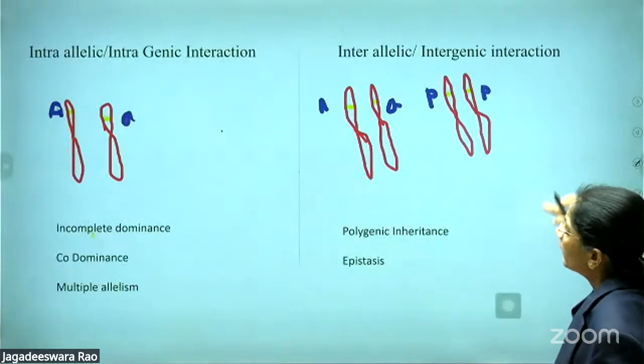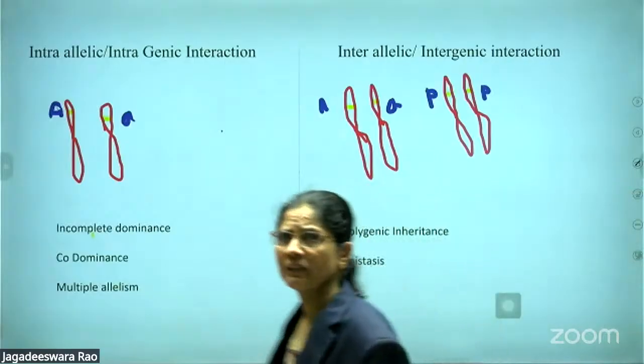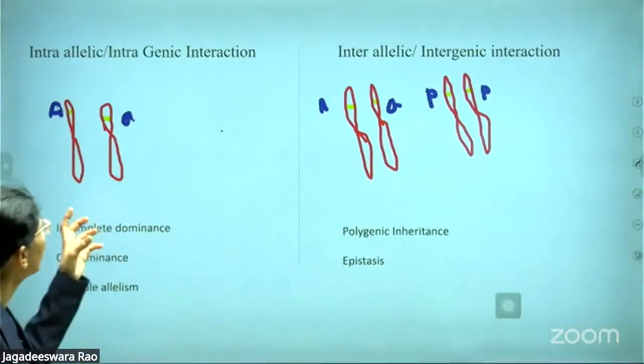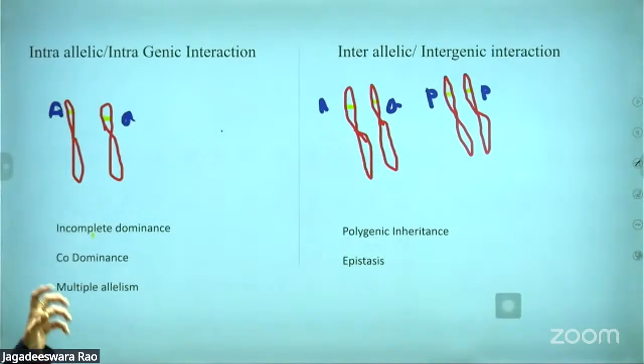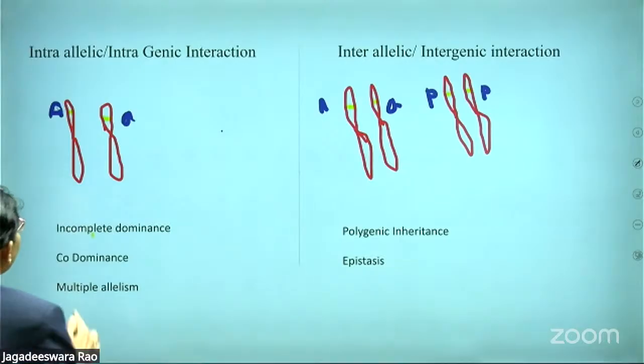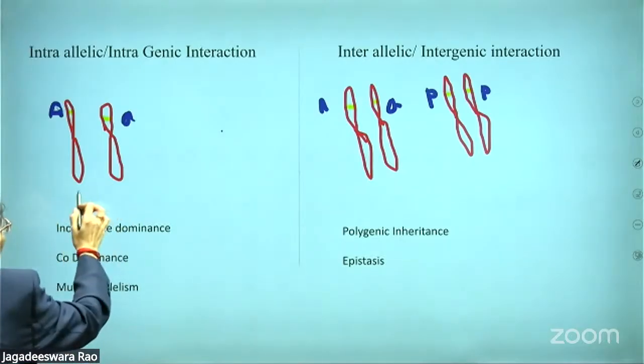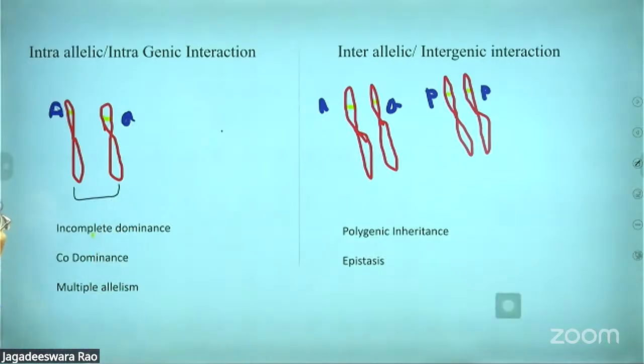Fine. Now, there are two types of gene interaction. What are genes? I said already, that is a segment of DNA which carries the information for the synthesis of protein, right? So here, if you see two chromosomes, that means homologous chromosomes. Here the position of genes is similar, I said.